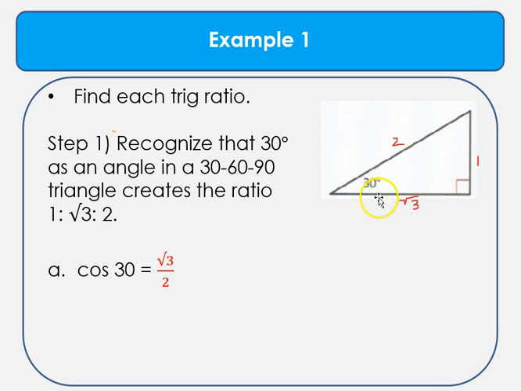One of the things we can say right away is we know that the cosine of 30 degrees, if you remember SOHCAHTOA, cosine is adjacent over hypotenuse. So here's our 30 degree angle. We have adjacent, which is square root of 3, over the hypotenuse, which is 2. So now we have our trig ratio for one of these angles. We could go ahead and do all of the ratios that we need to in this triangle.